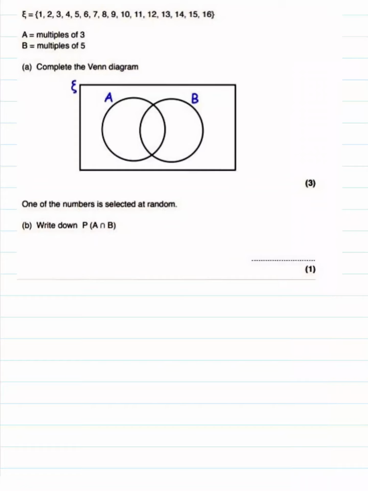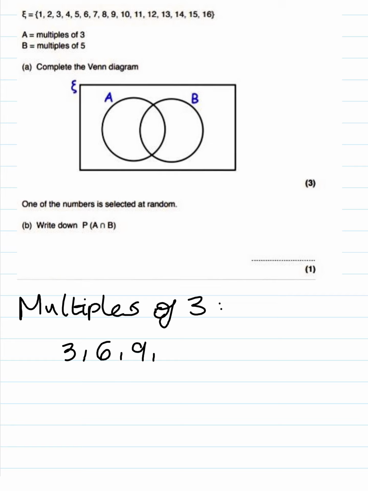So the first thing we'll do is take a look at what multiples of 3 and what multiples of 5 we have. Multiples of 3 we have in the set 1 to 16 are as follows. We have the numbers 3, 6, 9, 12, and 15.